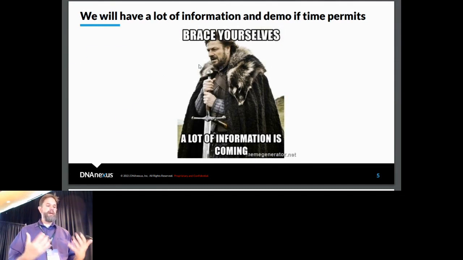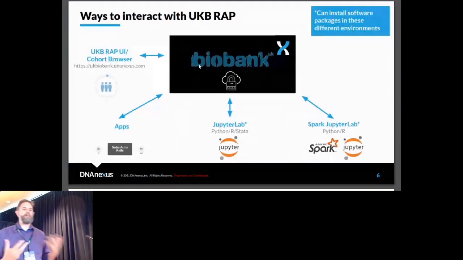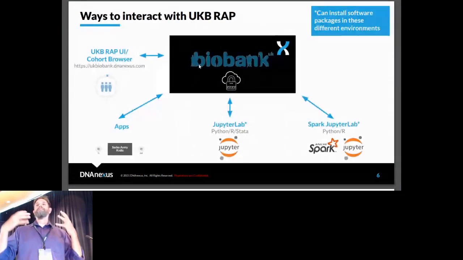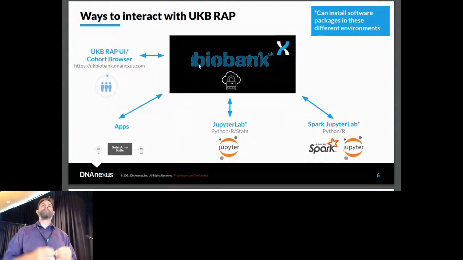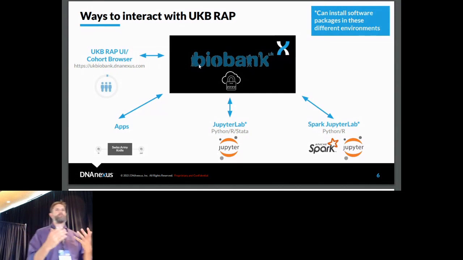So, ways to interact with the RAP. I'm going to go through all of these rapid fire. But then I also want to show you how to port your stuff onto the RAP and share it with everybody else. In that community space, there's a tools section where you can plug in Docker Hub links, GitHub links, that kind of thing.